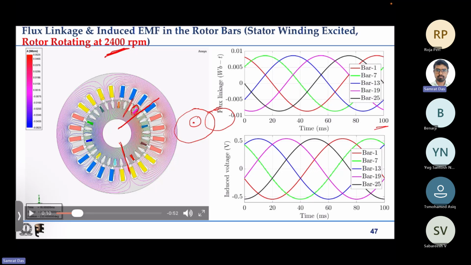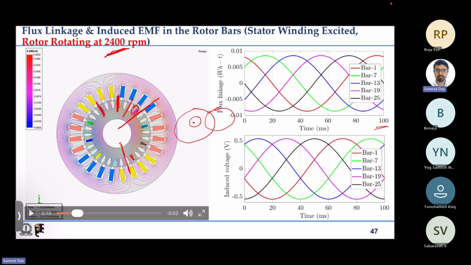Suppose this bar is located at about 90 degrees at this time instant, and the next colored bar is located 3 slots ahead.